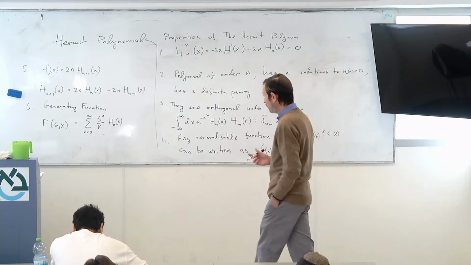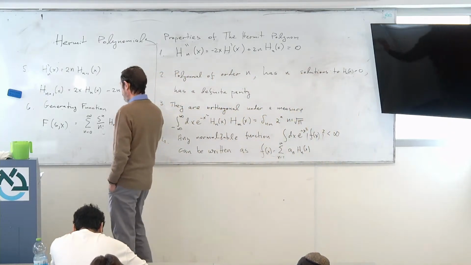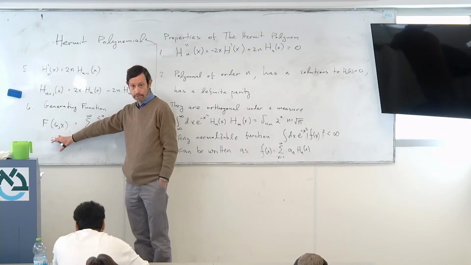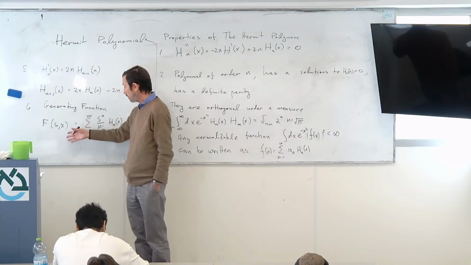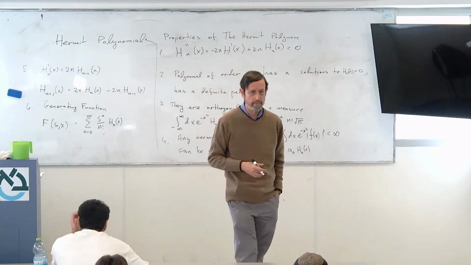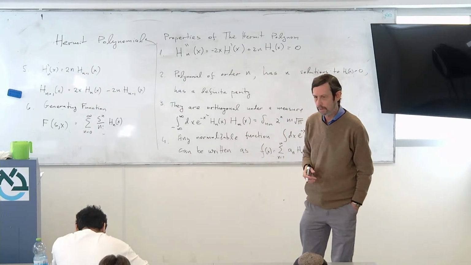And that's called, for any function, a generating function of this function. In this case, I'm looking for the generating function of the Hermite polynomial.